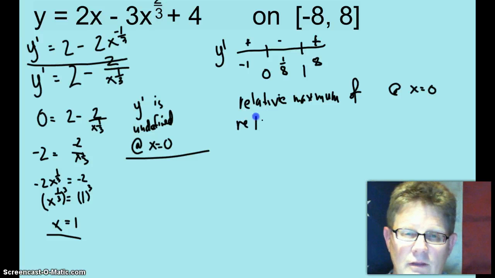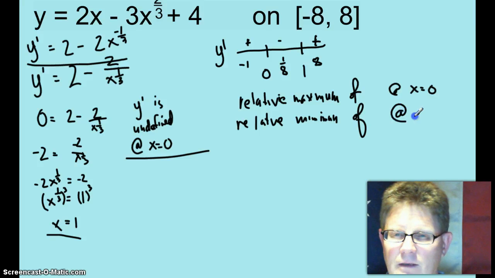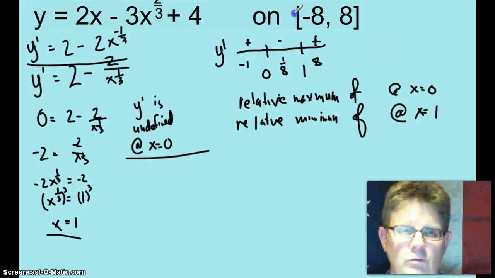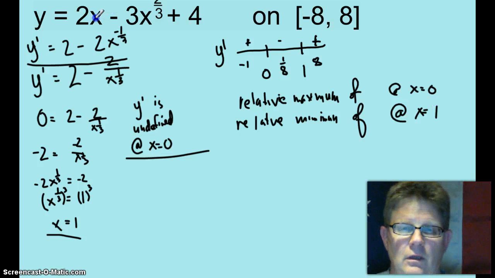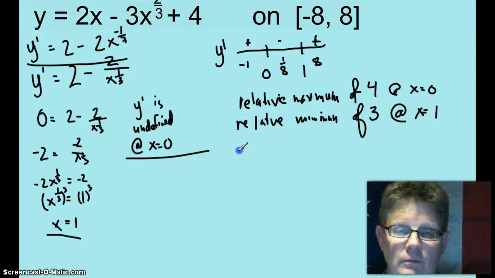We have a relative minimum at x equals 1. So let's put in a 0 here. 0, that would be a relative maximum of 4. And now let's put in a 1. 2 minus 3 plus 4, that would be a relative minimum of 3 at x equals 1.